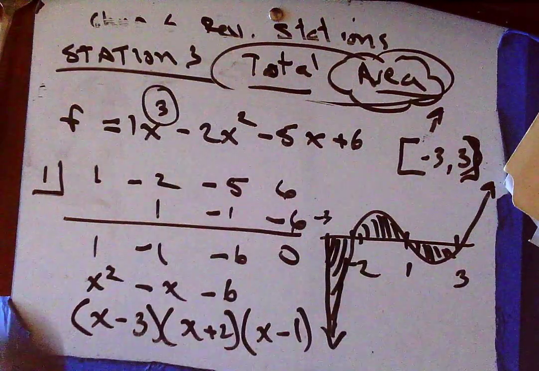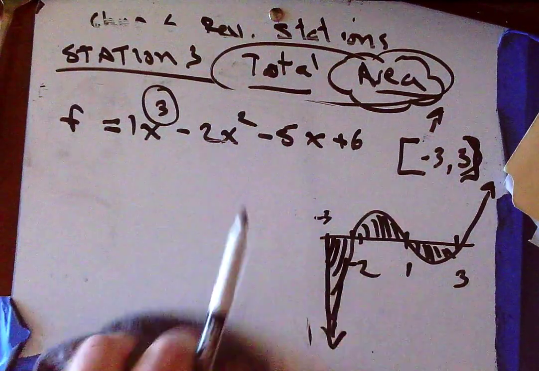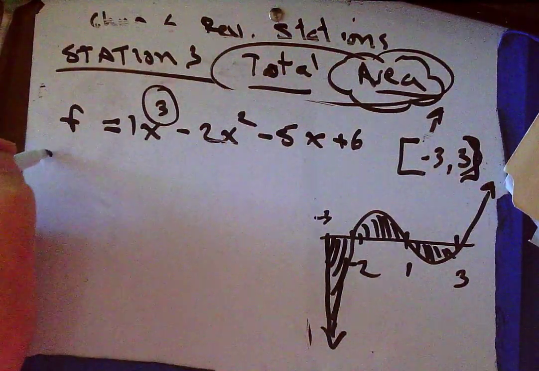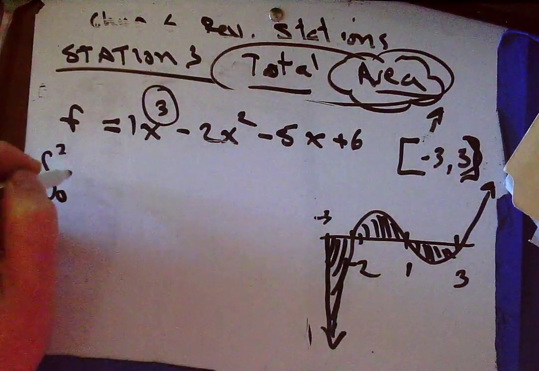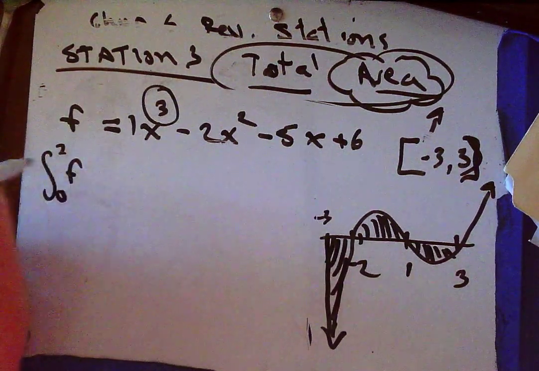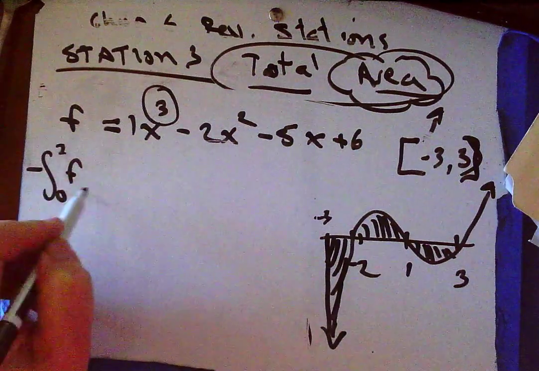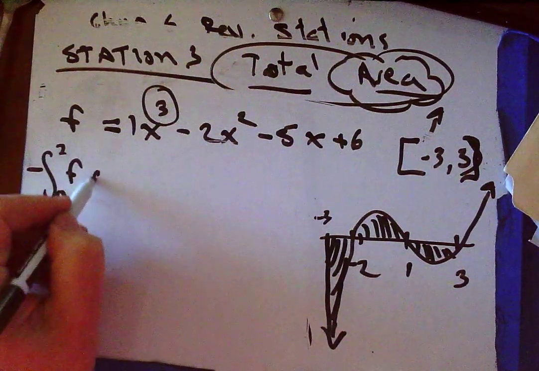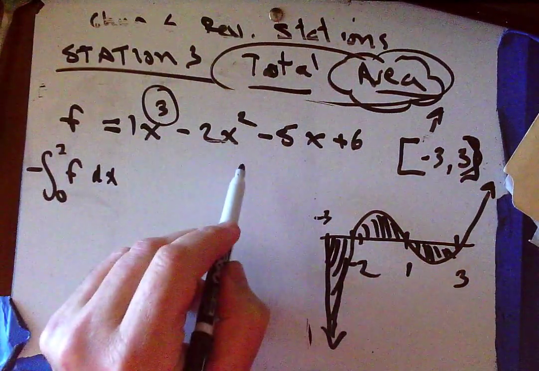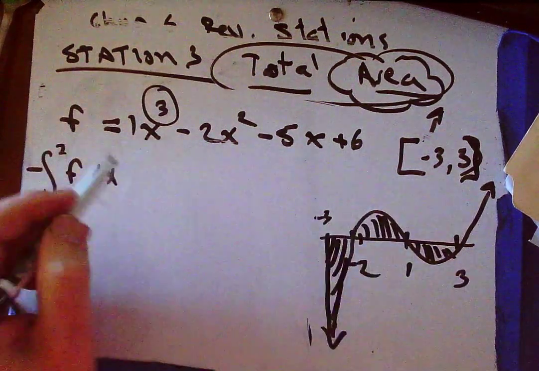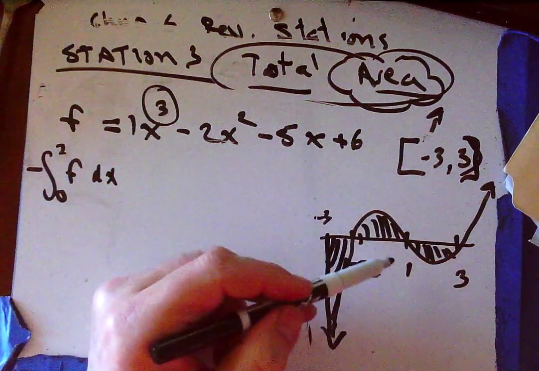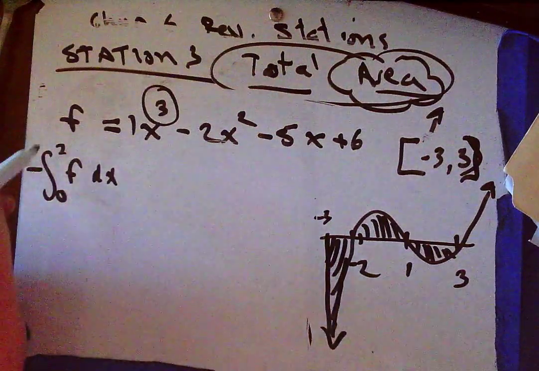So I would be thinking about this as the integral from 0 to 2, minus, because that integral is going to be negative, minus a minus is plus. Okay, dx, and then we want this one. That was -2, sorry.